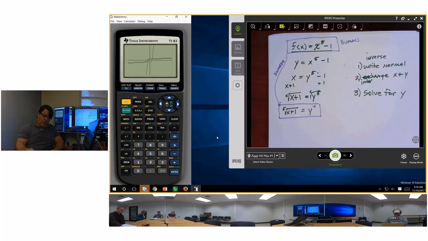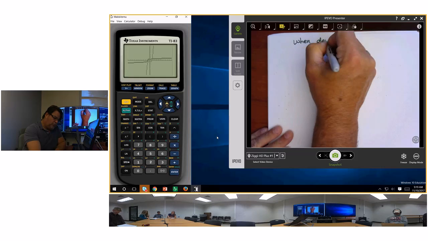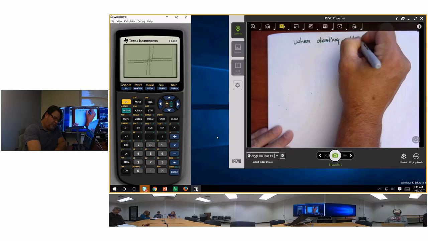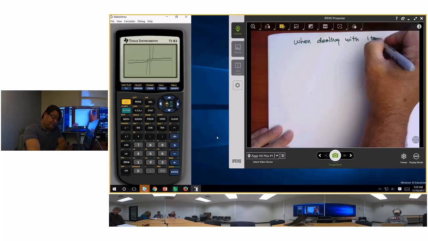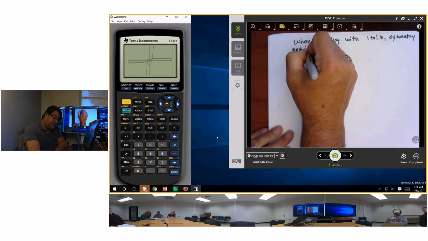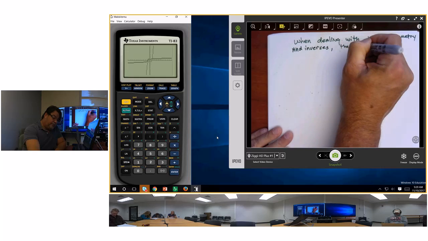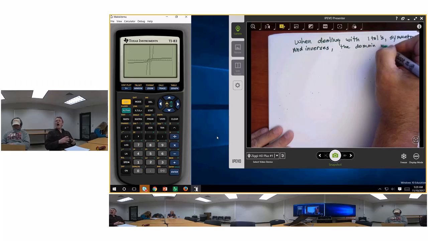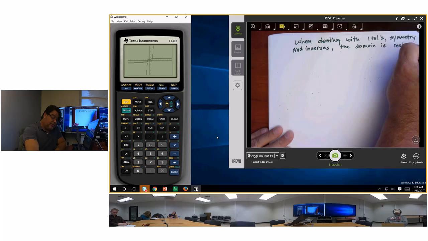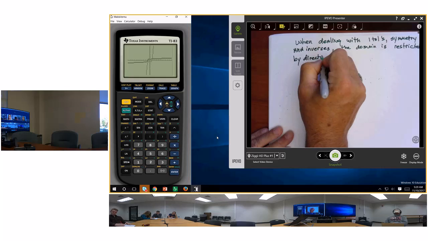Now, what happens is, when dealing with one-to-ones, symmetry, and inverses, the domain is restricted by direction or instructor.